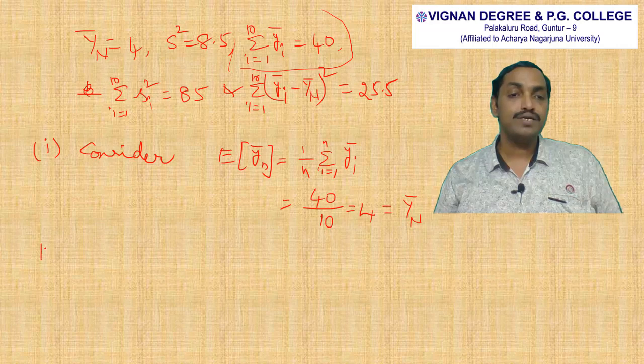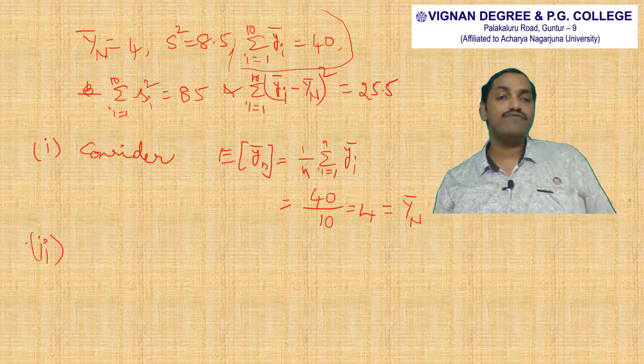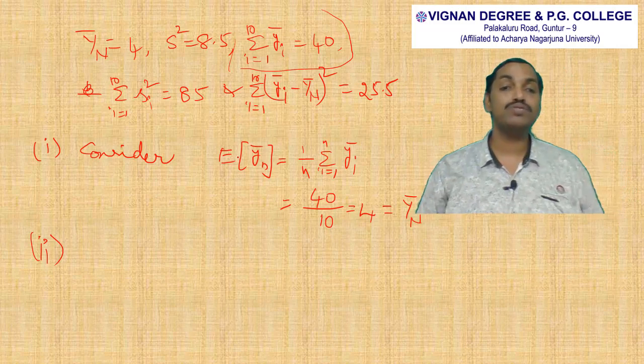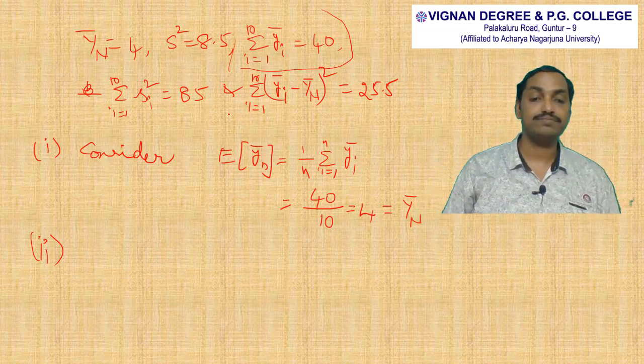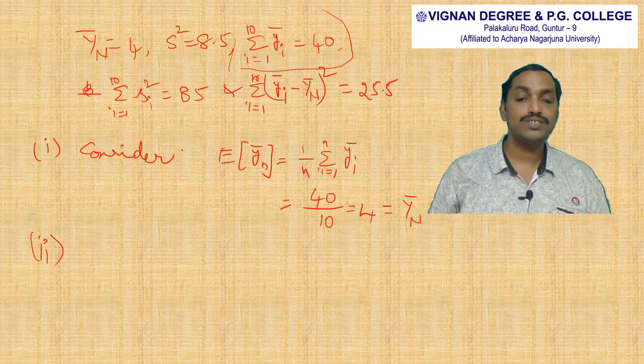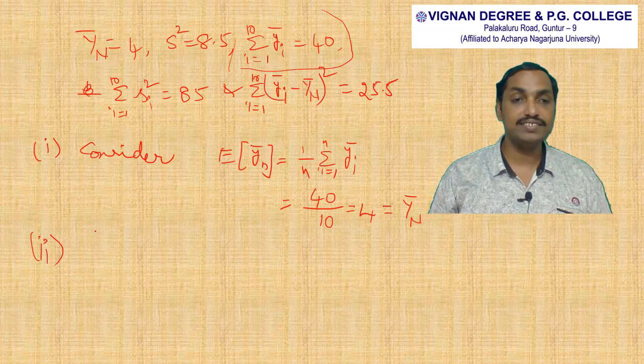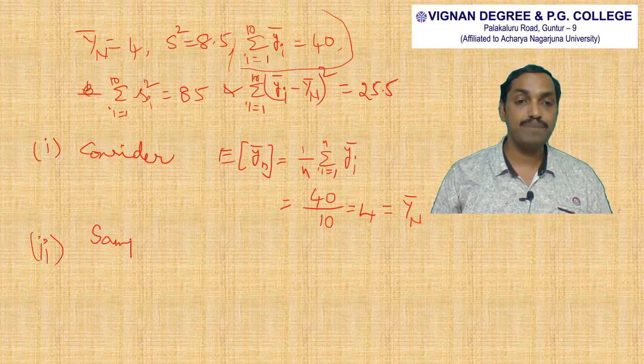So the sample mean is an unbiased estimator of the population mean. Second one. In the second part, we need to verify the sampling variance is equal to the variance of the sample mean. So here the sampling variance is nothing but the variance of all the sample means.